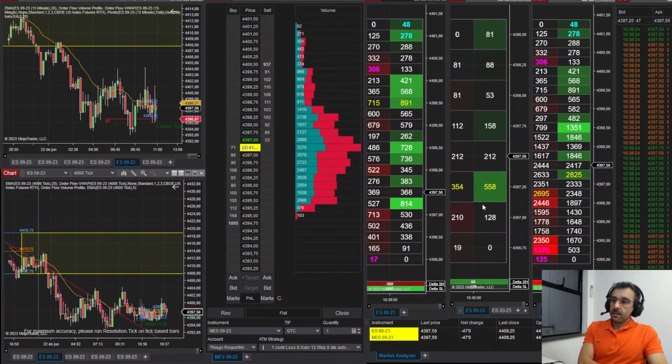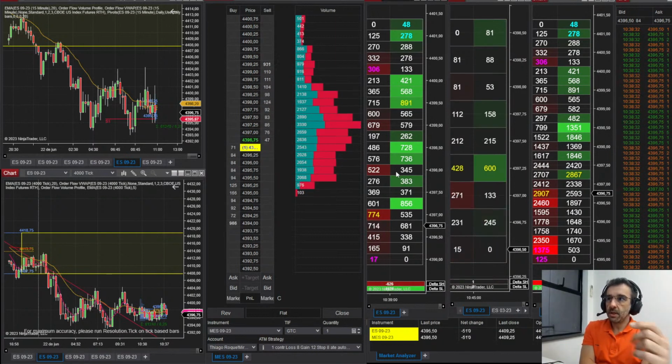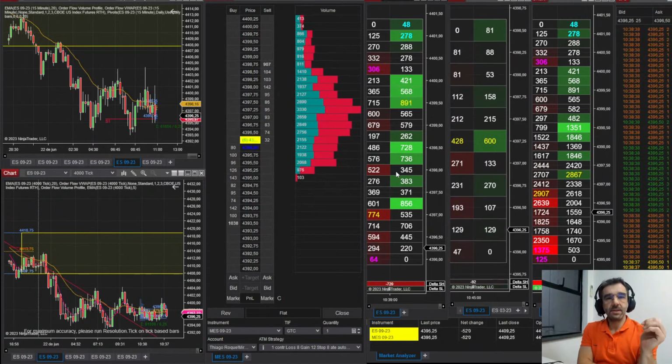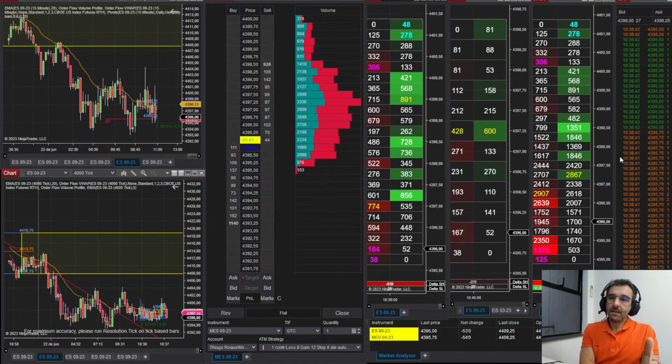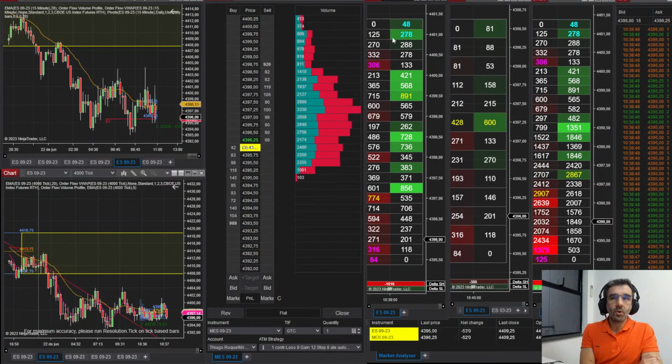Let's recap the context. We were ranging in a narrow range. Then buyers quickly made the breakout of the range, but failed. We've seen an exhaustion right at a crucial point. And then what is a bit worse in this case, we didn't see buyers absorbing sellers' aggression up there.